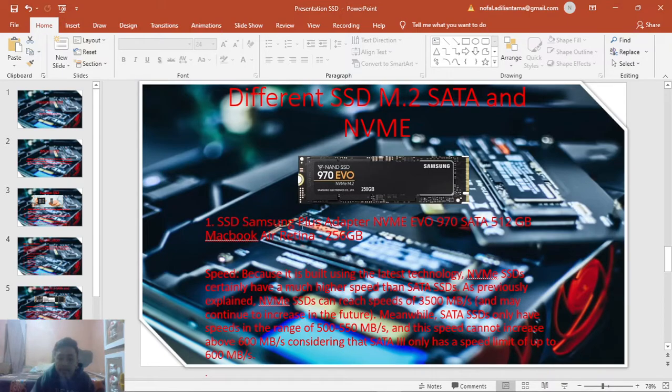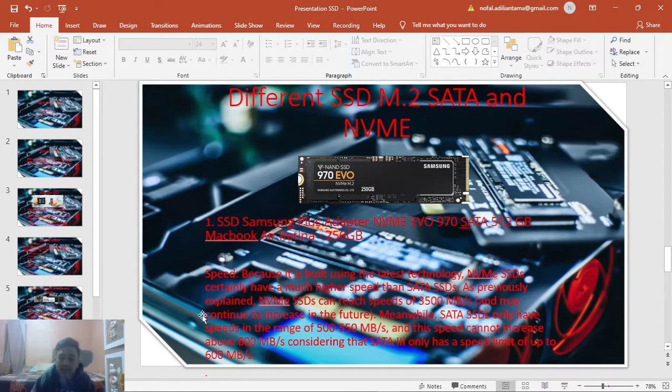Okay, the brand is SSD Samsung Plus adapter NVMe Evo, SATA 512 GB MacBook Air Retina. Okay, so the difference is speed, because it's using the latest technology.